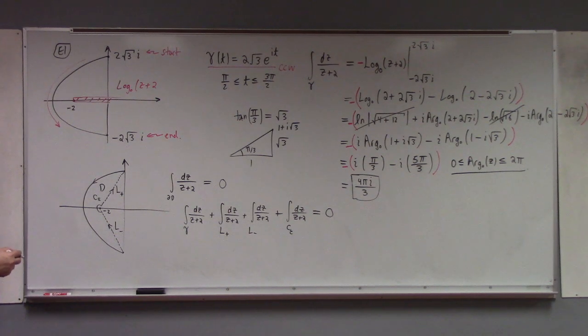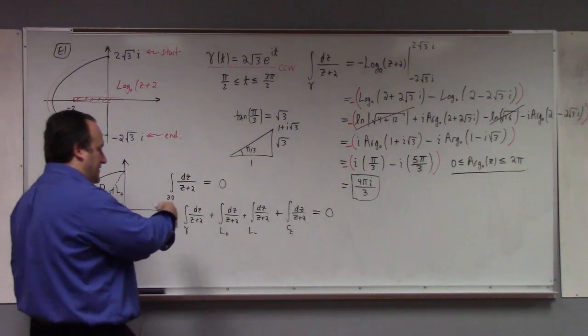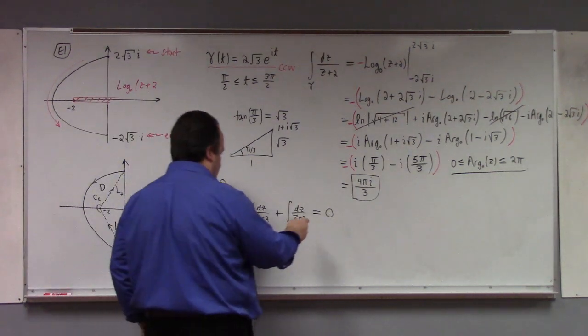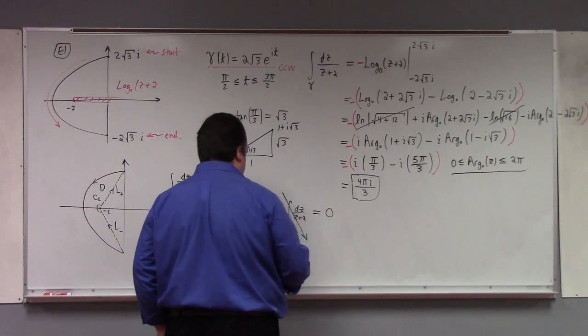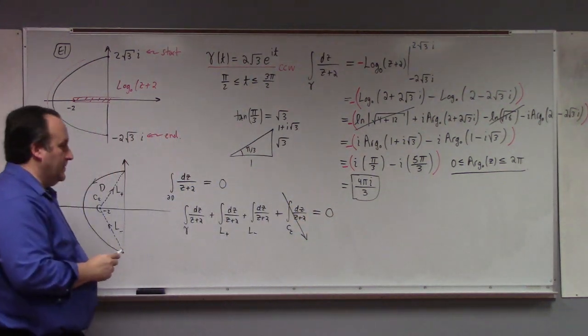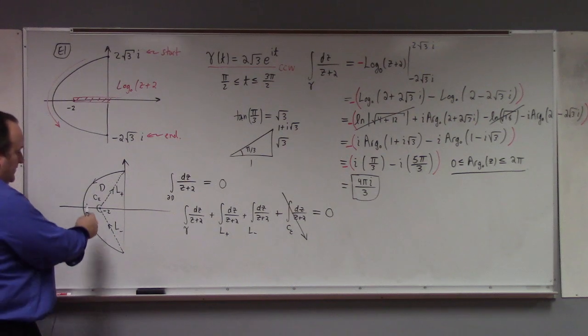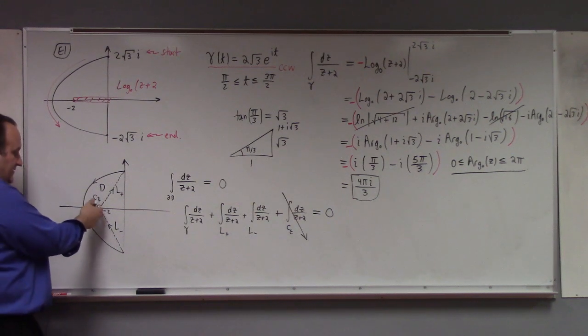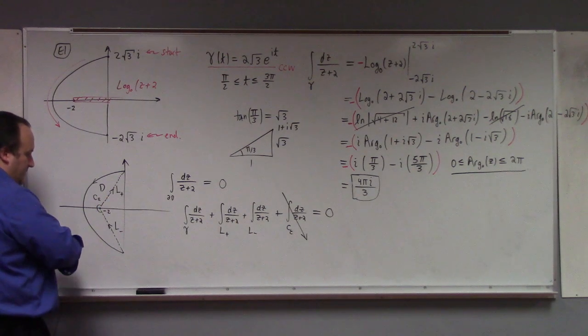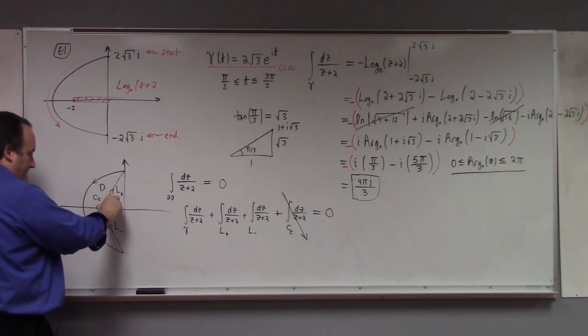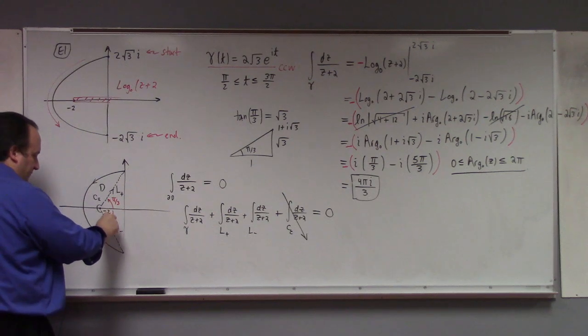So in the limit as epsilon goes to 0, this goes to what? Not 0. If you look at this, this is pi over 3 here, and this is pi over 3 down there.